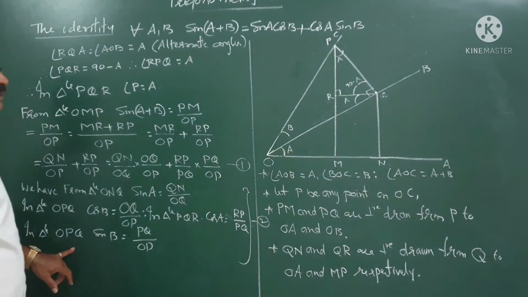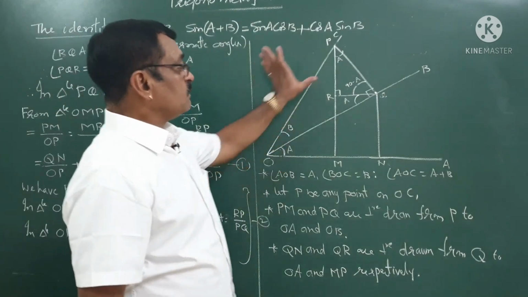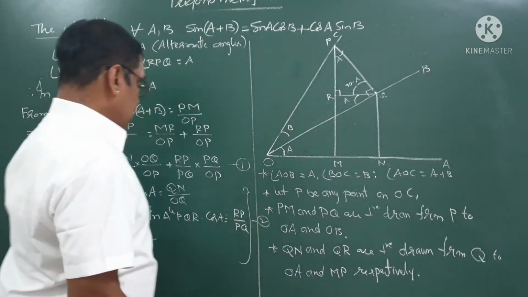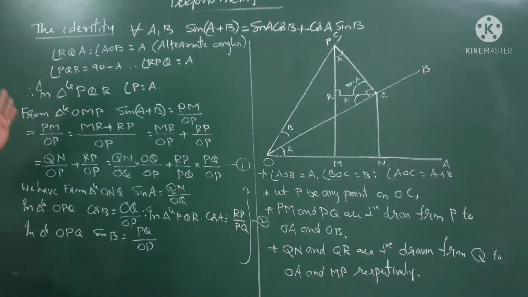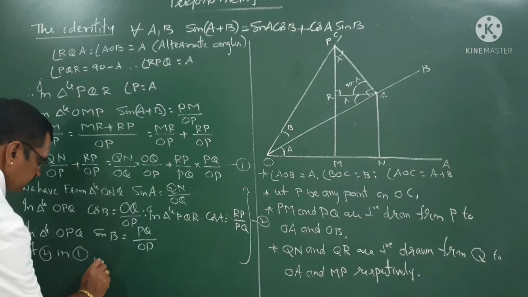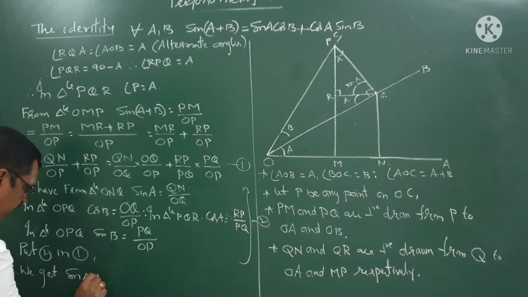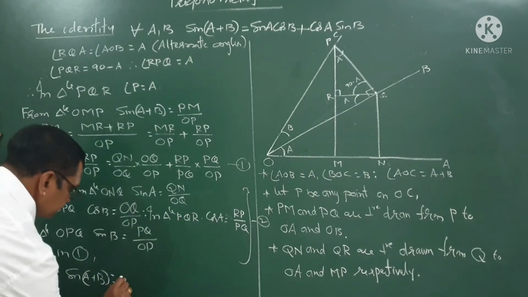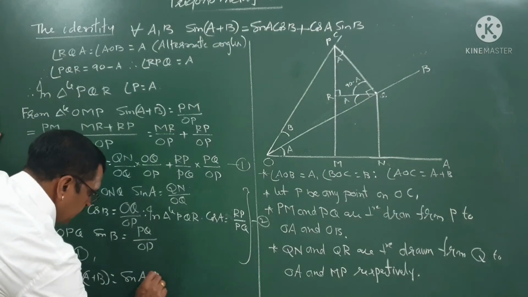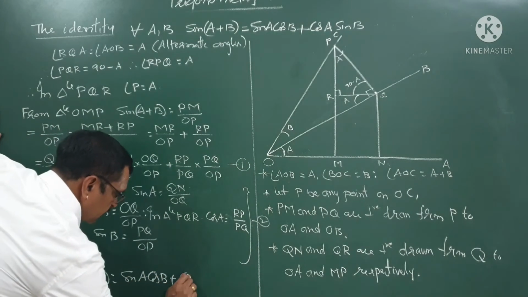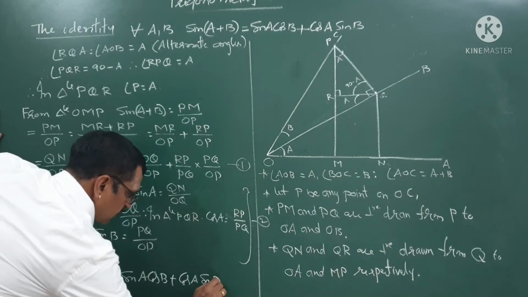And in triangle OPQ, finally sin B is equal to PQ by OP. Let all these be equation 2. Now put 2 in 1. We get sin of A plus B is equal to sin A cos B plus cos A sin B.